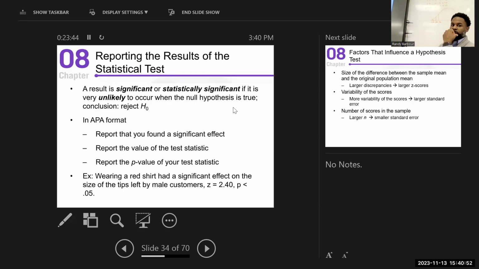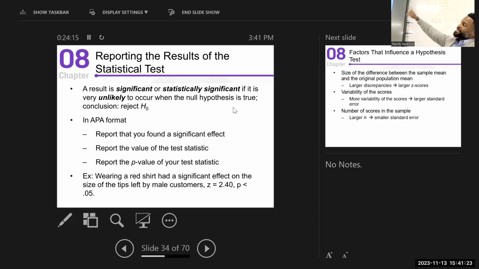All right. So when you see, and many of you have selected articles where you're going to see results where it says something is significant or statistically significant. When it says that something is statistically significant, all it's saying is that the results that I got are very, very unlikely to occur when the null hypothesis is true.